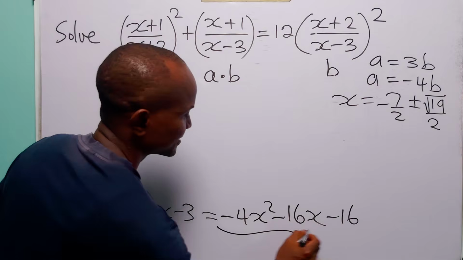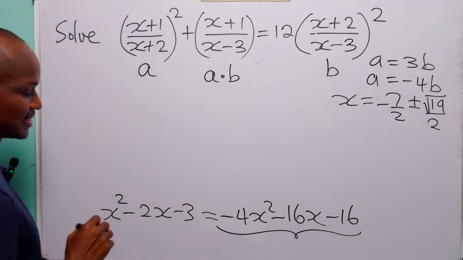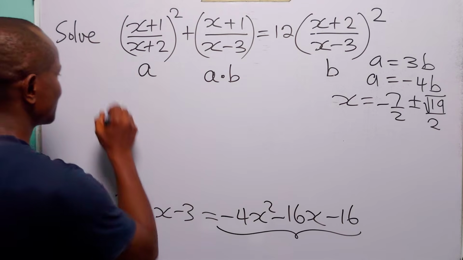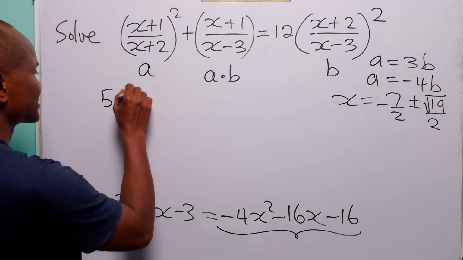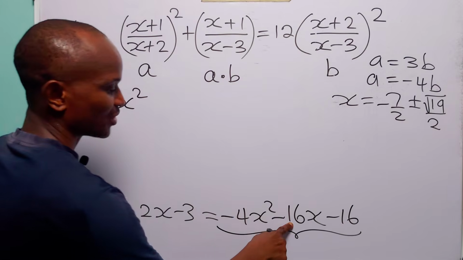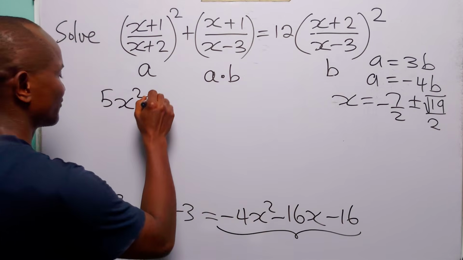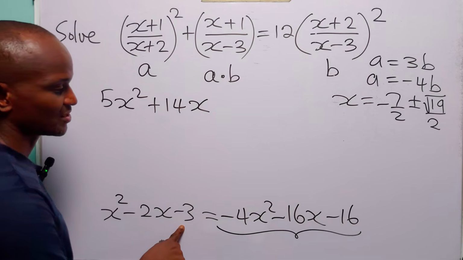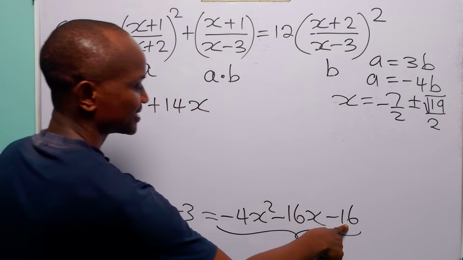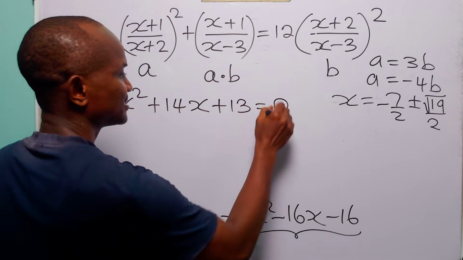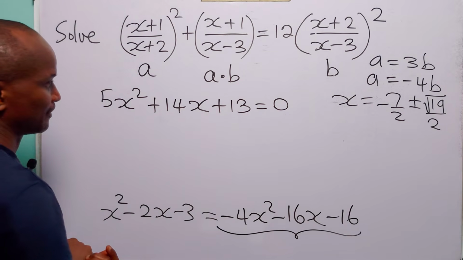Now, moving these three terms over to the left-hand side, we have x squared plus 4x squared. That is going to give us 5x squared. We have minus 2x plus 16x. That is going to give us plus 14x. And we have minus 3 plus 16. That is going to give us plus 13. And this is equal to 0.